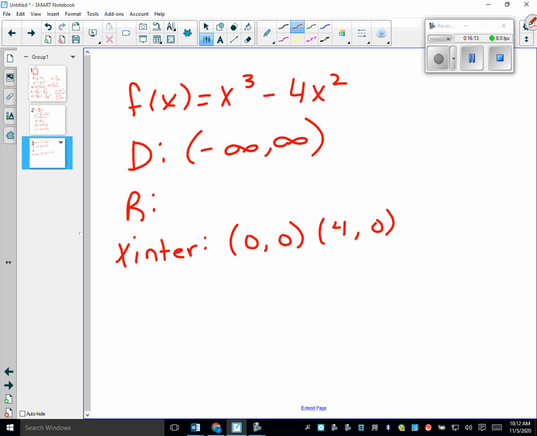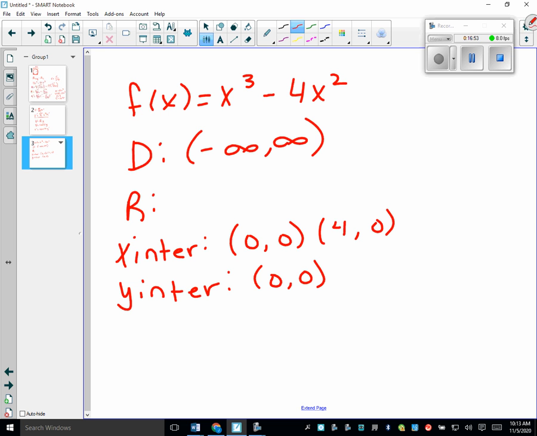These have to be points. We good with that? Everybody okay with that? The next thing is y-intercept. How do I find the y-intercept? Plug 0 in for x. It also is a point, (0, 0). Guys, if you're not with me, tell me, because you've got to know this tomorrow, right?